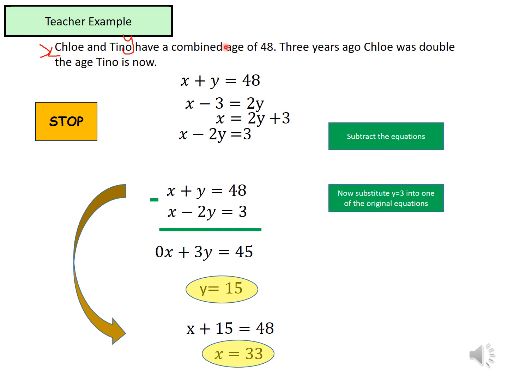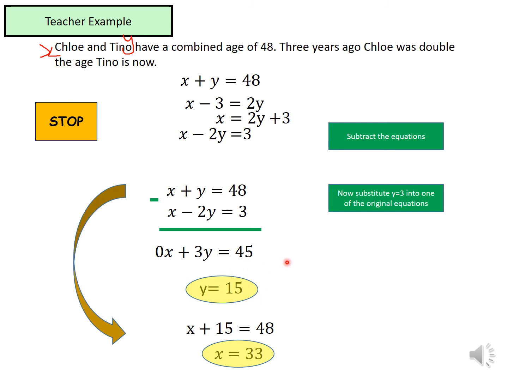If you add 15 and 33, you get 48, yes. And if you take away 3 from Chloe's age, 3 years ago, that would be 30, which equals twice Tino's age now.